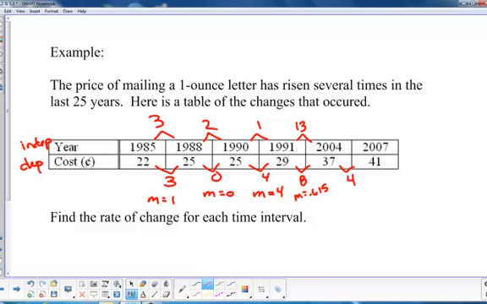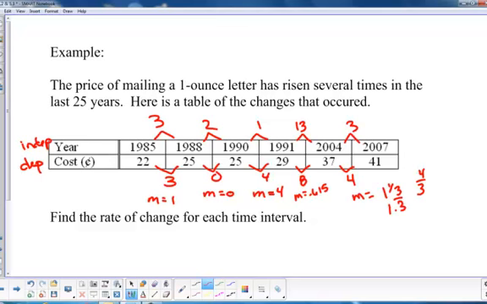This is 4 over 3, so that slope is 1.3, and you can put the decimal if you want, or you can write 1 1/3. If you have 1.3, you can put the repeater, or you could put 4 divided by 3. All those are the same.